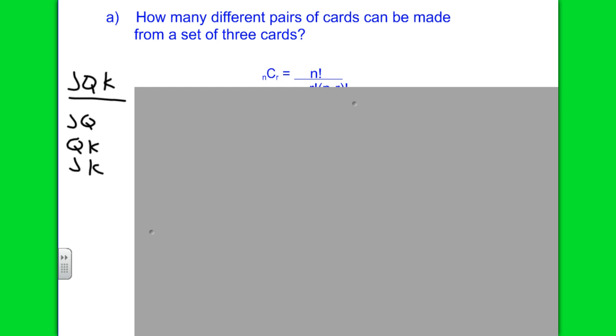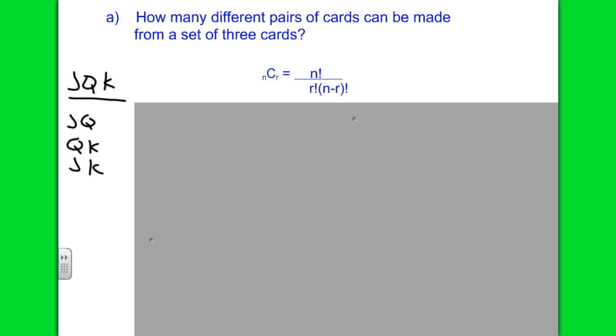Okay, so let's start with our formula and let's try making it work. Given this formula, what is the n? The n, everybody say it. Everybody think for a second since you couldn't say it. The n is, recall, the number of items that you have, right? The number of them. And then you're going to make them in the grouping sized r.